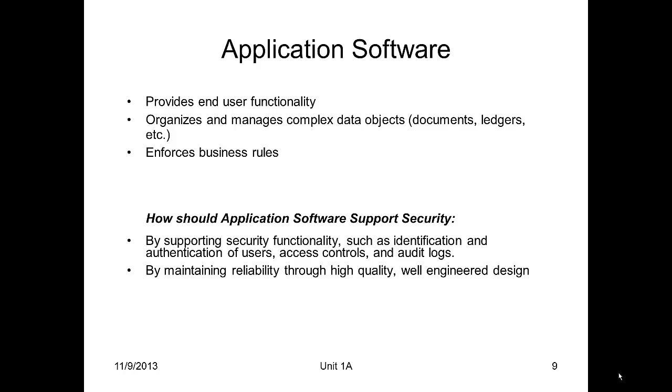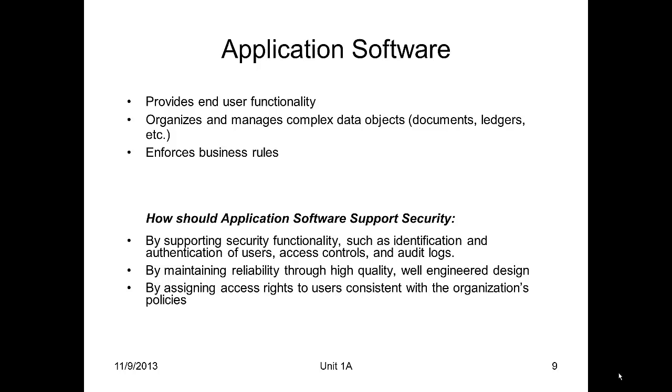By maintaining the reliability of the software itself through high quality, well-engineered design, by not failing, because software that fails, that crashes, it's not only that you lose the functionality of the software, but the failure of software provides an opportunity for an attacker to manipulate it. By assigning access rights to users consistent with the organization's policies.